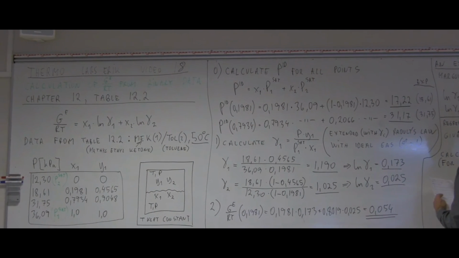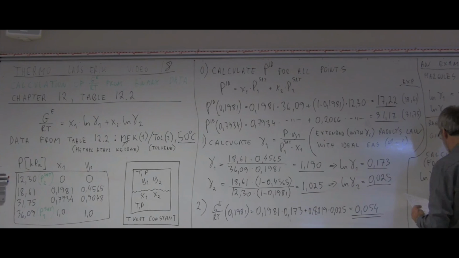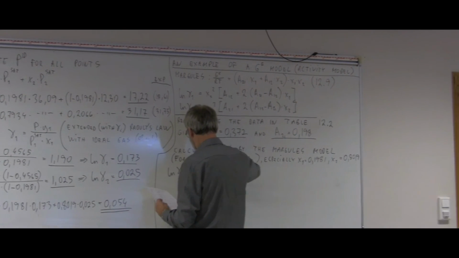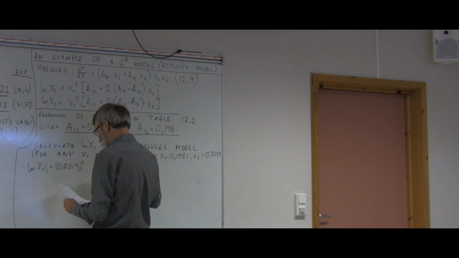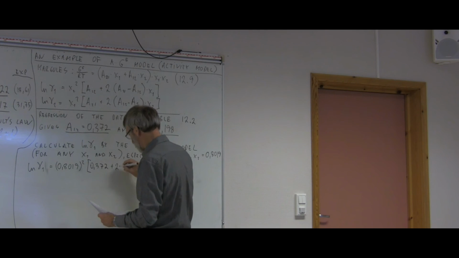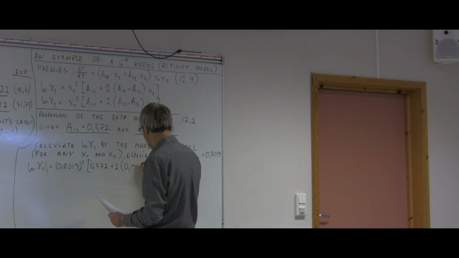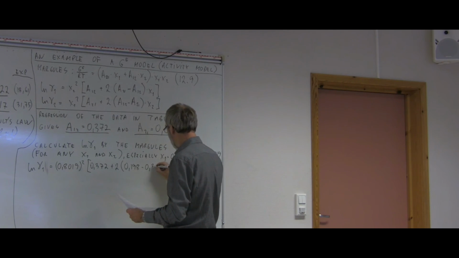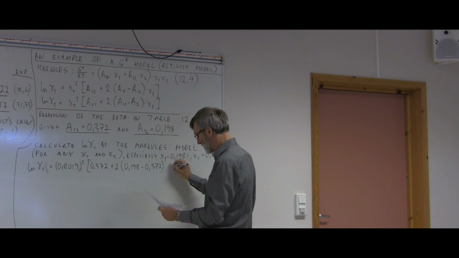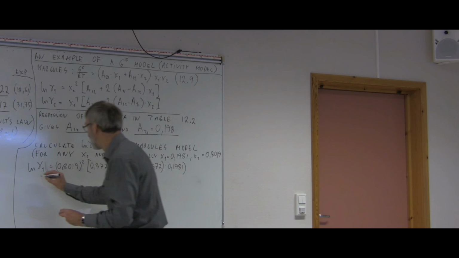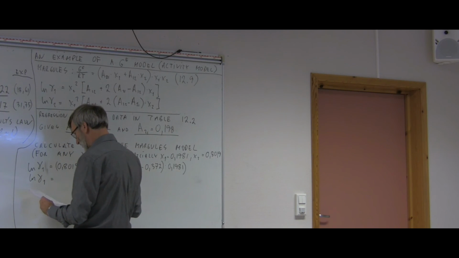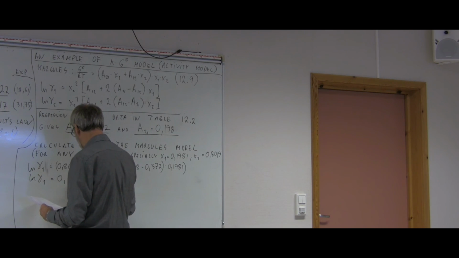That is actually this point. Then ln gamma 1 for this case is 0.8019 squared times 0.372 plus 2 times 0.198 minus 0.372 times 0.1981, and ln gamma 1 is then 0.195.